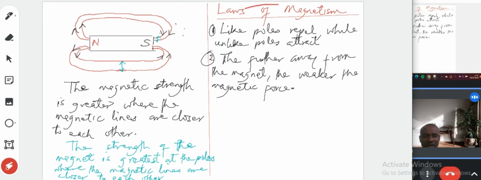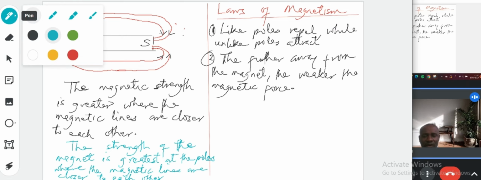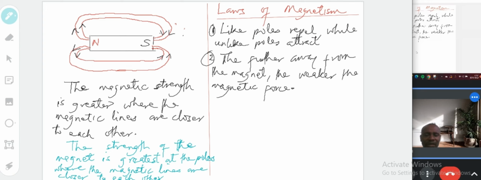Let's look at the laws of magnetism. Obviously, we know this popular law: like poles repel, and unlike poles attract. Like poles, for instance north and north, will repel. Also south and south will repel.